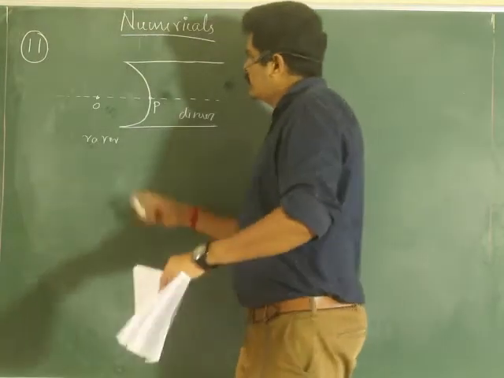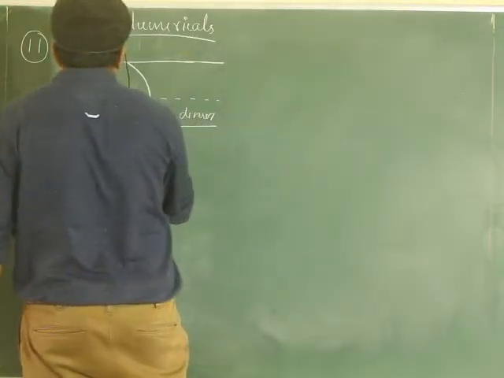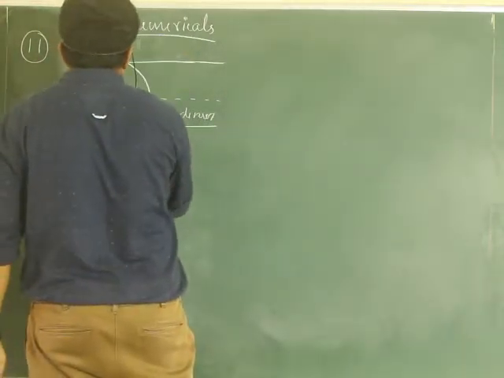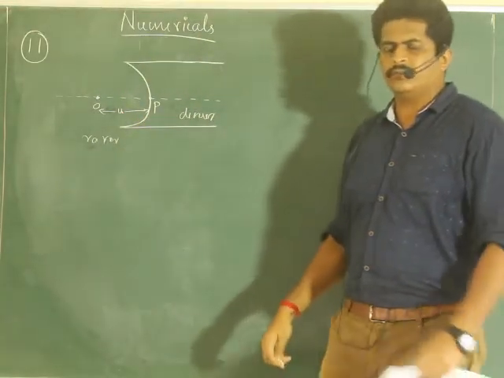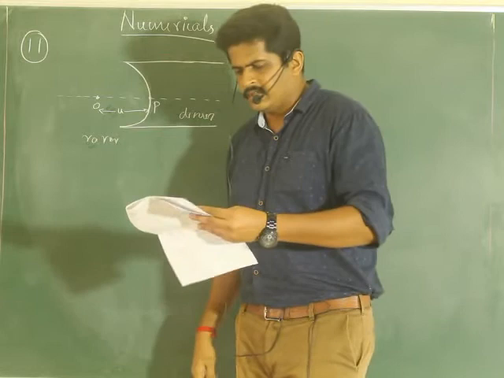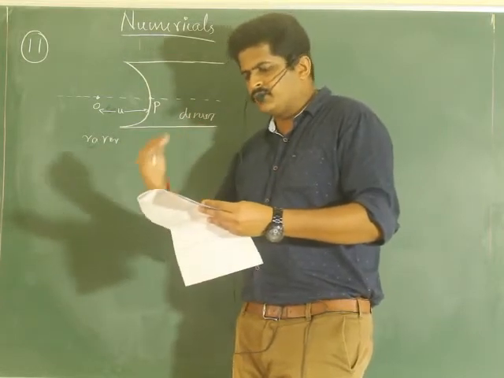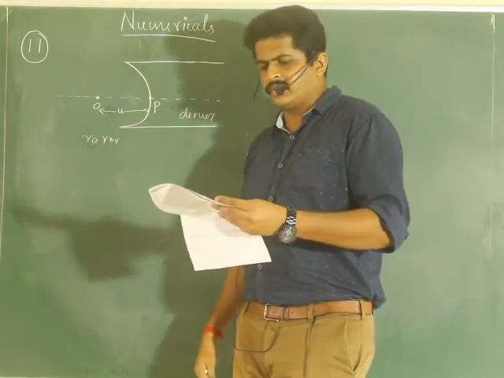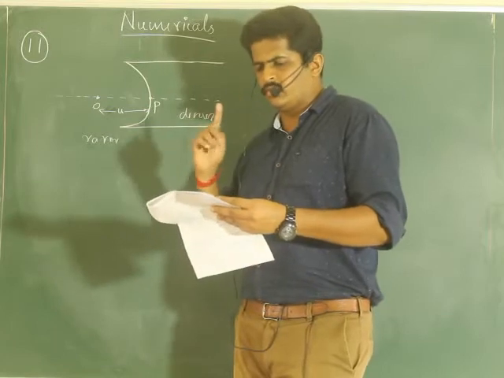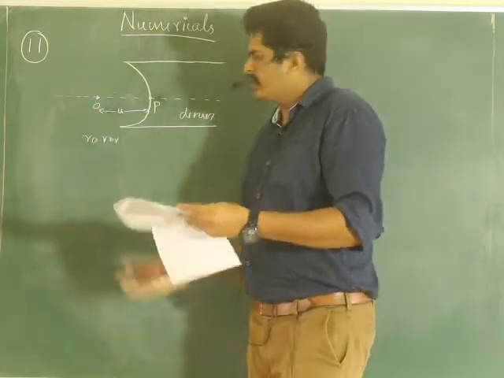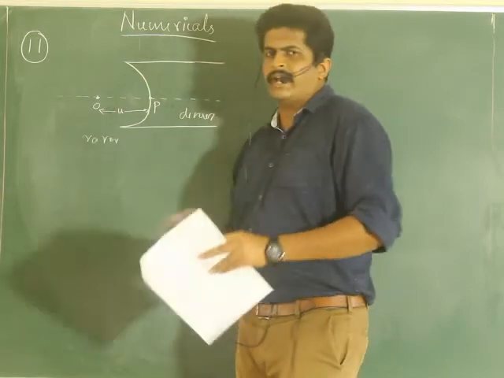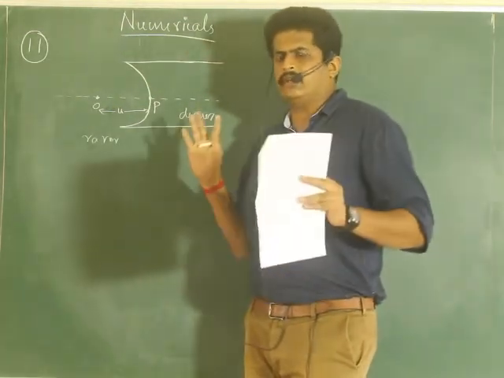So I will take this as object distance u from the pole. Hope you can see this object distance u. Next, find the position of the image, assuming the refractive index of the rarer medium is 1. They have given all these things, but where the image will form, we don't know. That we'll find out.